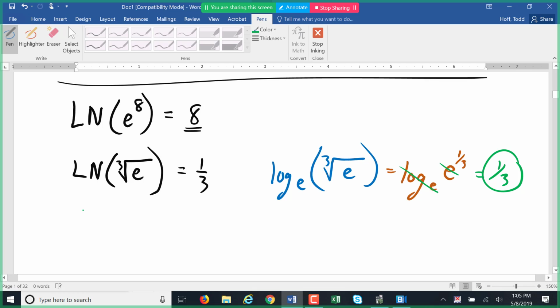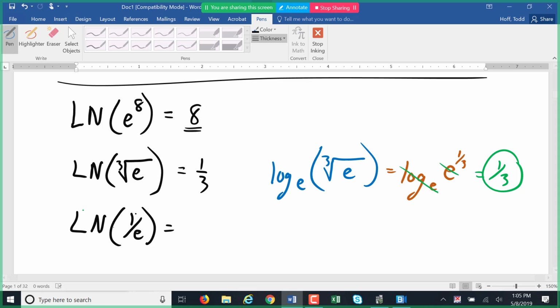How about ln of 1 over e? What do we get?